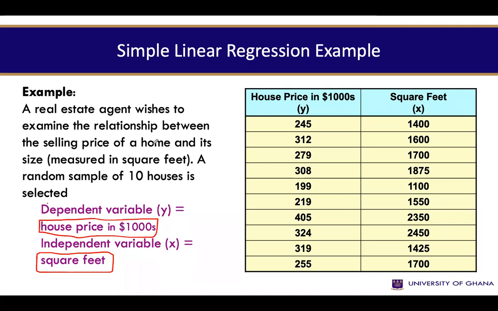Based on the question, why should the dependent variable be the house price, but not the size of the house? I think it's the independent variable that is determining the price that the house will be sold for.